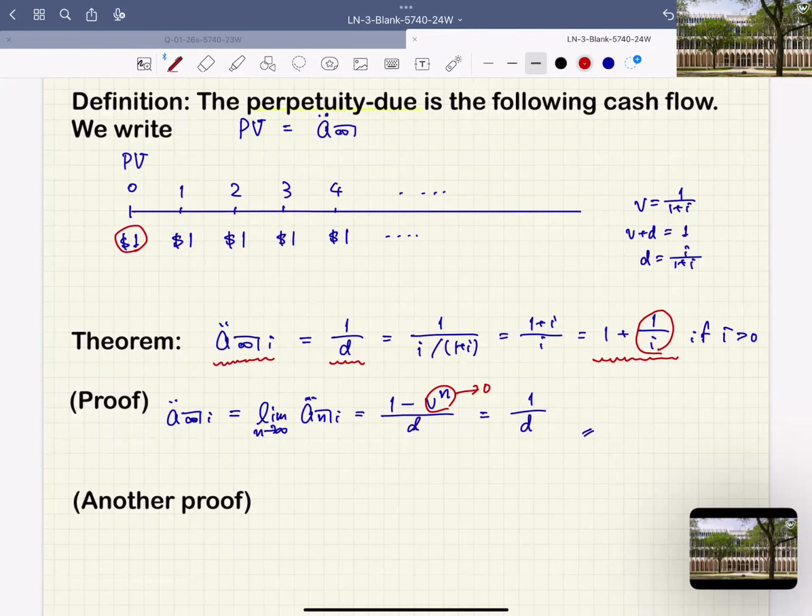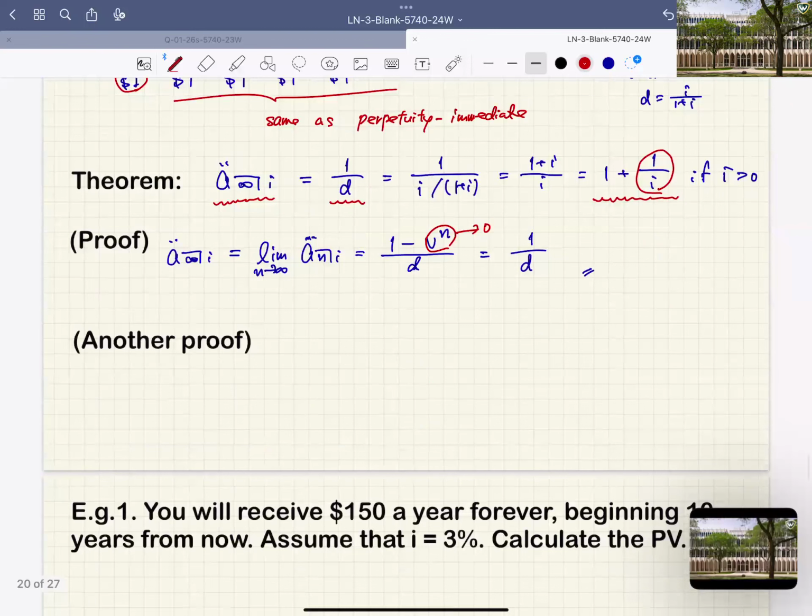Except for this $1 at t equals 0, the other payments are just the same as the perpetuity immediate. So by definition, a double dot angle infinity should be 1 plus 1 over i. So that is another proof of this theorem.